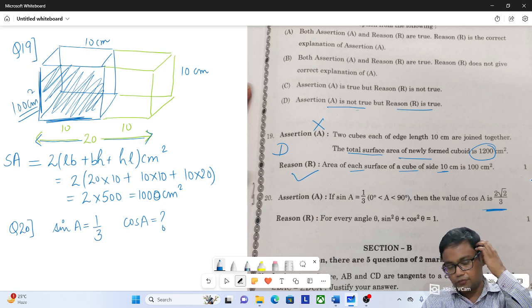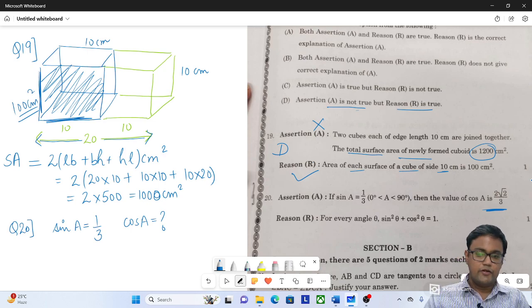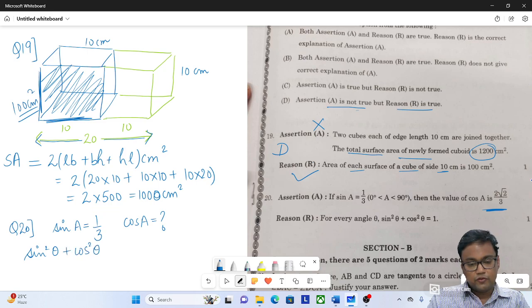Cos A toh diya hua hai, so we can say that we have to find cos A, or the proper language should be we have to verify whether cos A is 2 root 2 by 3. We need to assess the assertion, whether the assertion is right or wrong. So, we have this very famous identity which is also given in the reason.